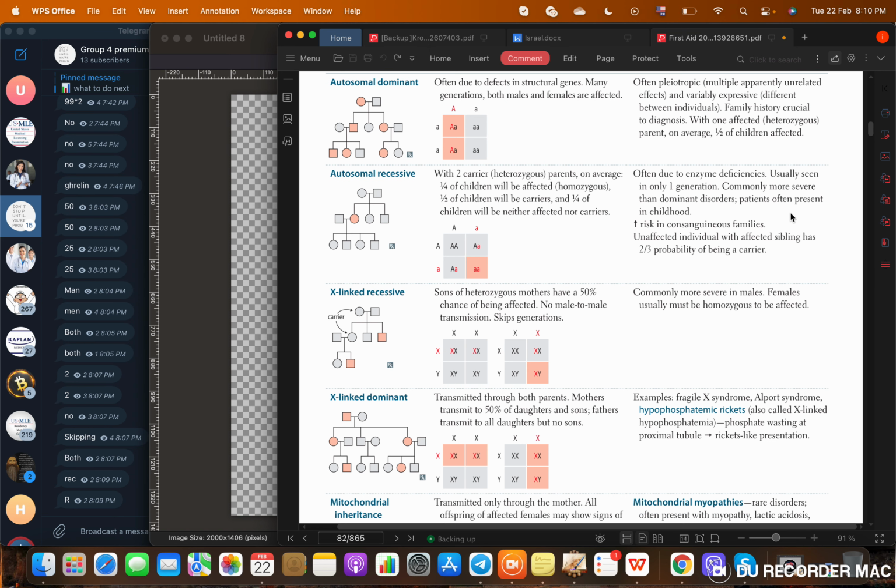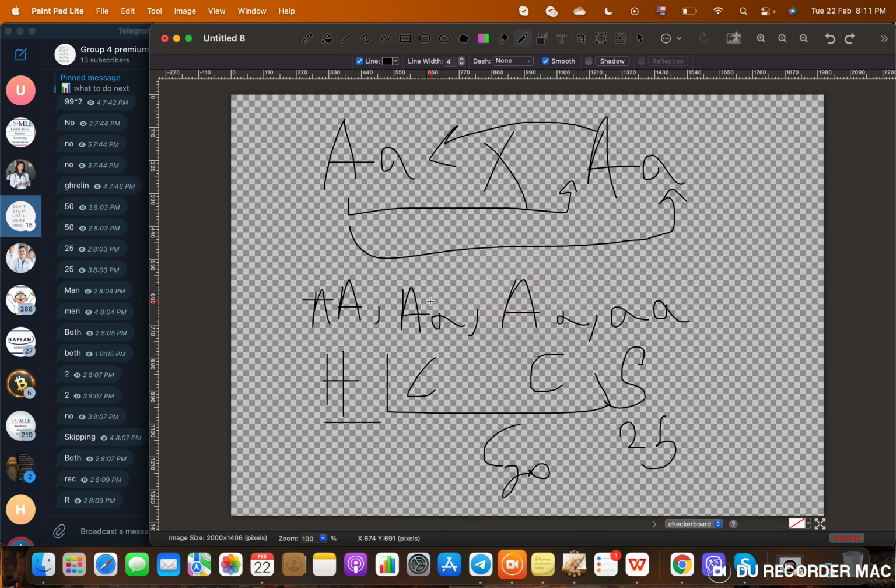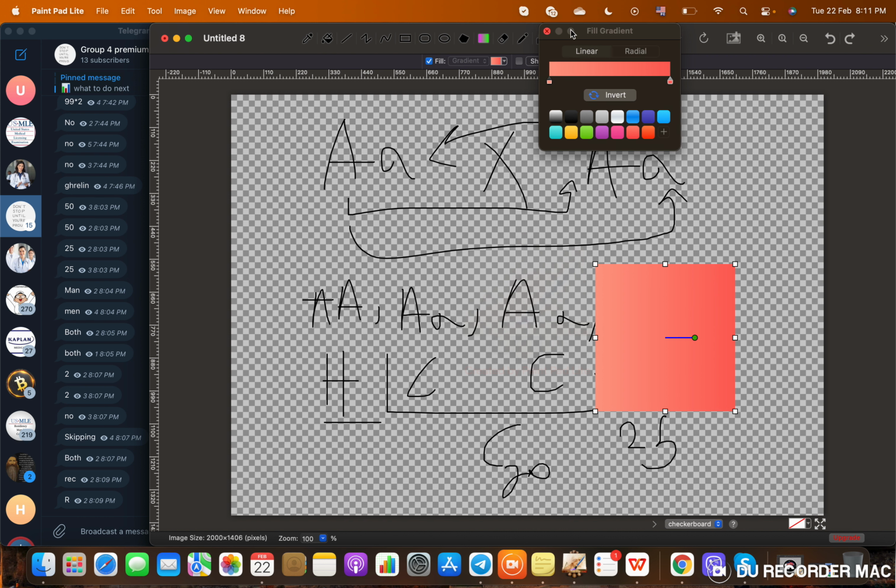So yeah, if his brother has it and he does not have it, so the unaffected individual with an affected sibling, what does that even mean? Well, does the patient have any symptoms? The answer is no. So can he be small a, small a if he has zero symptoms? They are telling us he's unaffected, so it cannot be small a, small a.